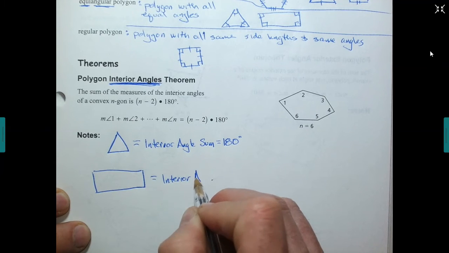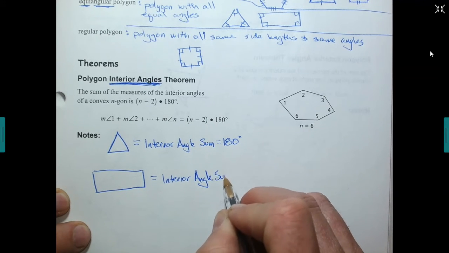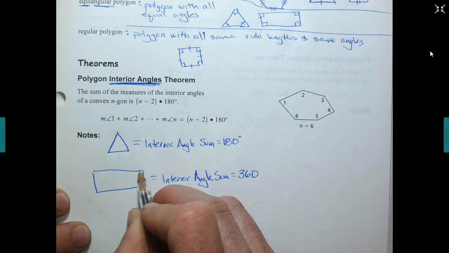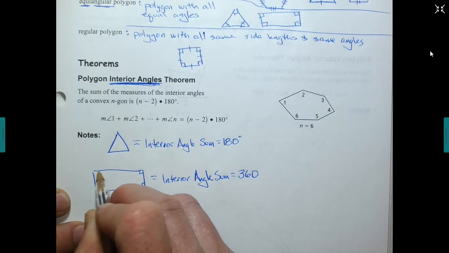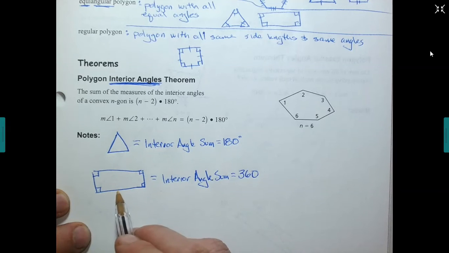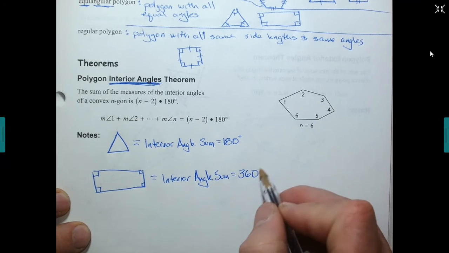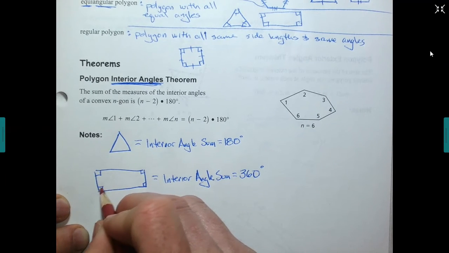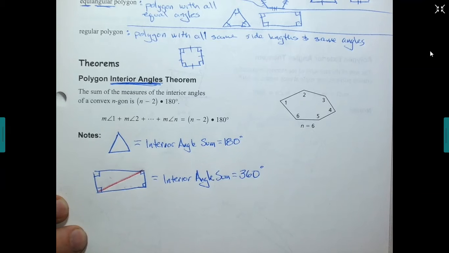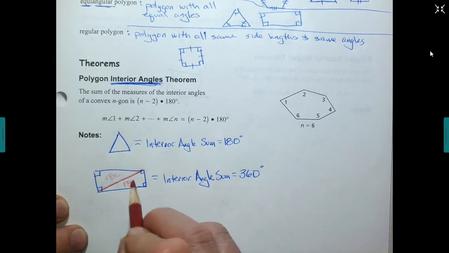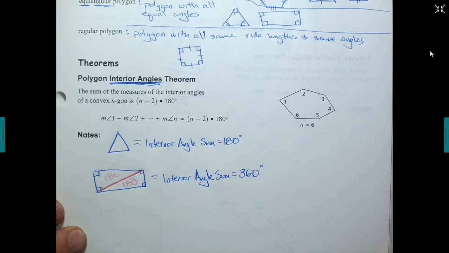Interior angle sum equals, well, this one is actually 360. Remember, you have 90, 90, 90, 90: 90, 180, 270, 360. So the interior angle sum of a quadrilateral is 360 degrees. Now, one way to remember that actually is I can make two triangles out of this. So this triangle is 180 degrees, and this triangle is 180 degrees, so I have 360 degrees. So that's one way to remember it.